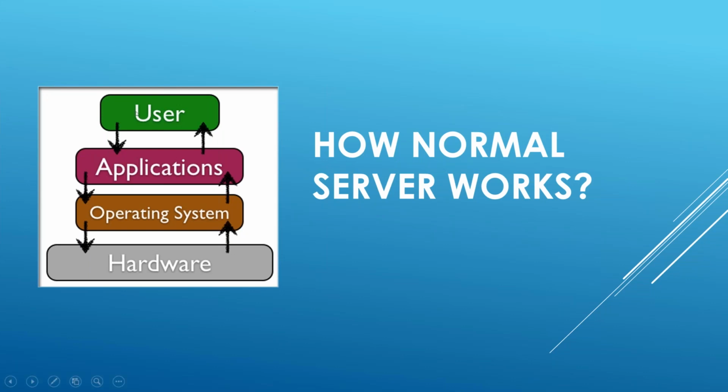So this was the earlier architecture. We had hardware, like CPU and storage. On top of that, we install an operating system, preferably Unix, Linux or Windows servers. On top of that, we install an application server and host the application, and then users can start accessing those applications.